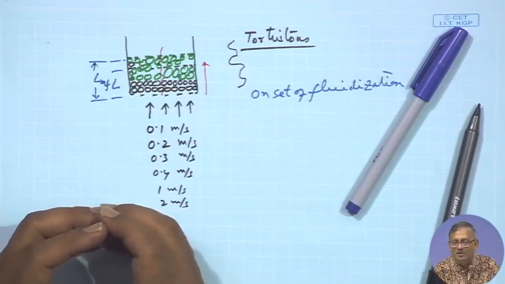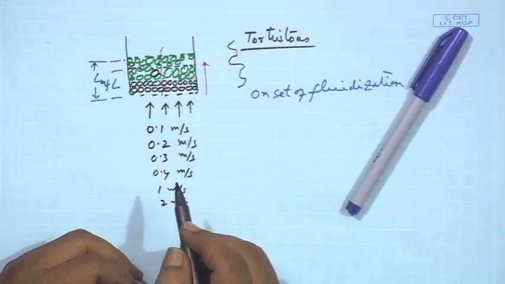Obviously, as we have said, you have to increase the velocity of the fluid. Now, the moment you increase the velocity of the fluid, there will be an increment of the cost for making that higher velocity.